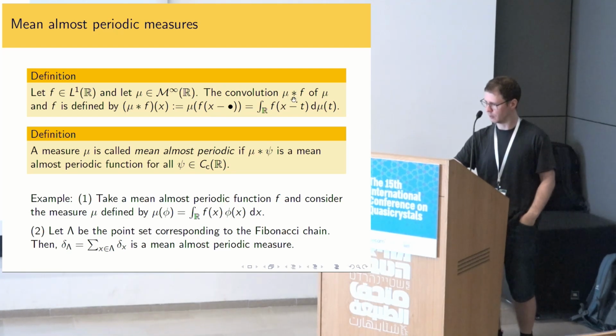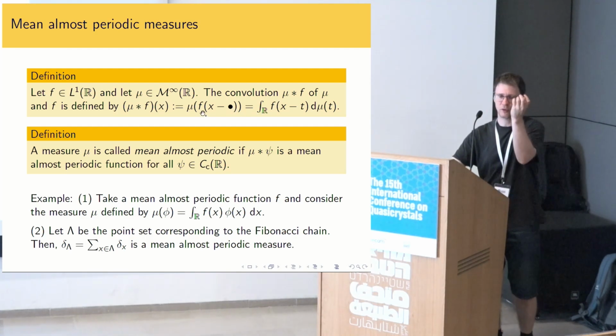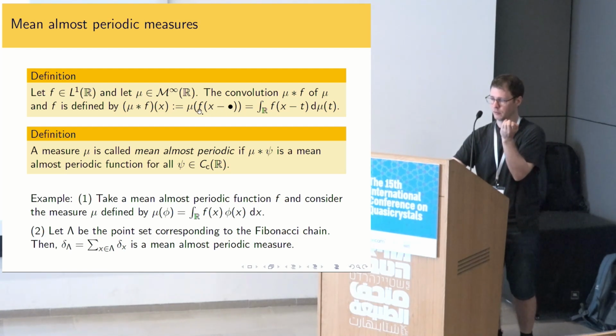How do we define the convolution, mu convolved with f? Well, I don't take the function f, but its shifted version, x minus dot. This is the function I evaluate. Or in other terms, written as an integral, it's the integral over R, f of x minus t, d mu of t.